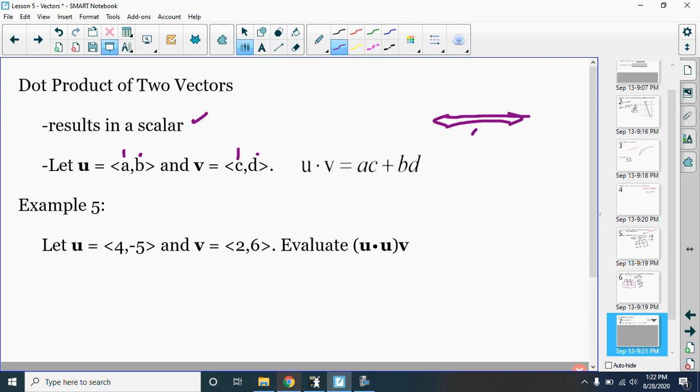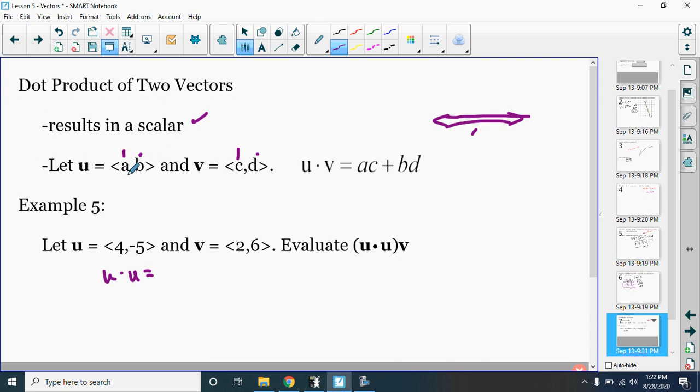So this one gives us u and v. It wants us to take the dot product of u times u and then multiply that by vector v. So let's start with u times u, the dot product of u and itself.